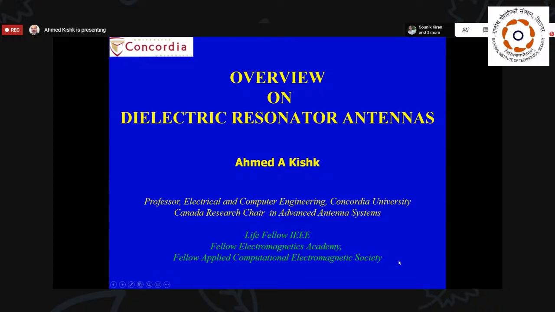Also, the Valued Contributor Award for Outstanding Invited Presentation from the Applied Computational Electromagnetics Society. He received the Microwave Theory and Technique Society Microwave Prize in 2004, and the 2013 Chen-To Tai Distinguished Educator Award of the IEEE Antennas and Propagation Society.